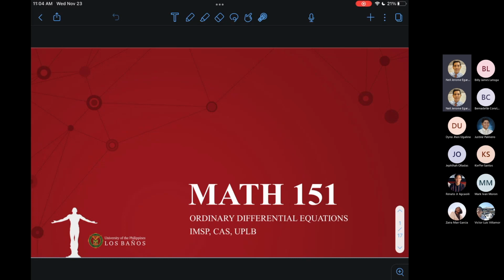Baka wala tayong mahanap na v such that v times y1 is a particular solution. So what if y1 is chosen to be a more generic one? Instead of replacing c1 and c2 by our choice of constants, baka naman pwede nating palitan yung parameters, or let's vary the parameter from simply being constants to being functions of the variable x.